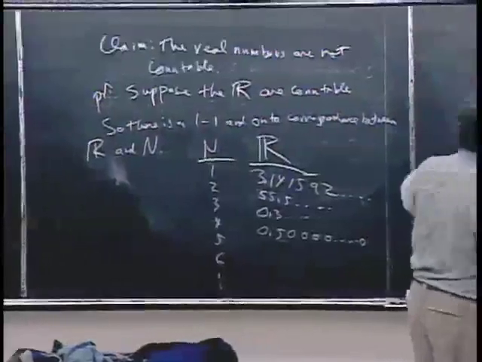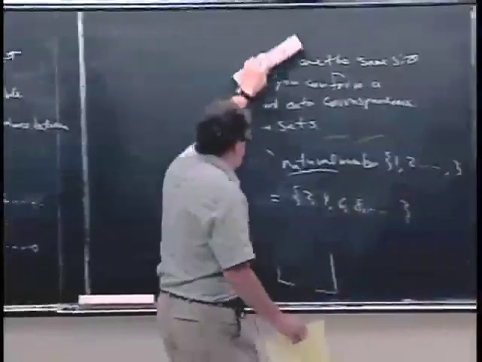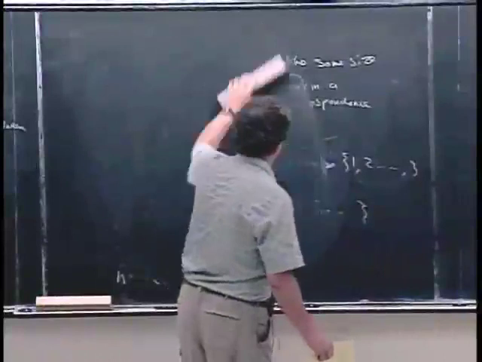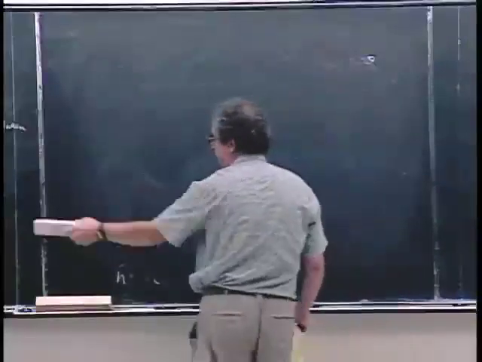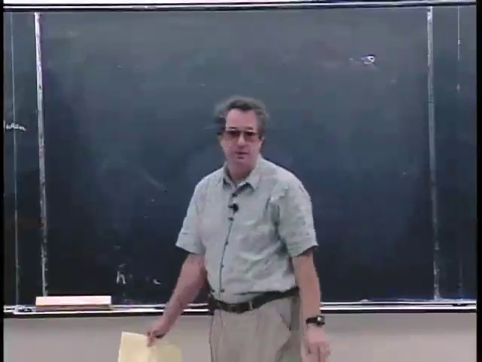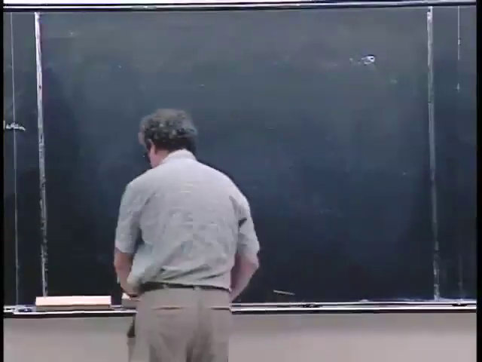Diagonalization will create another real number that I claim is not in there and cannot be in there.